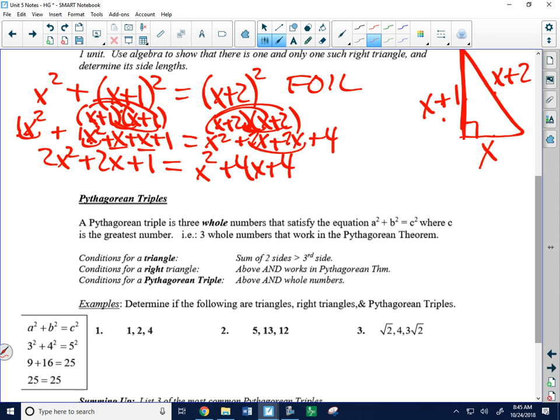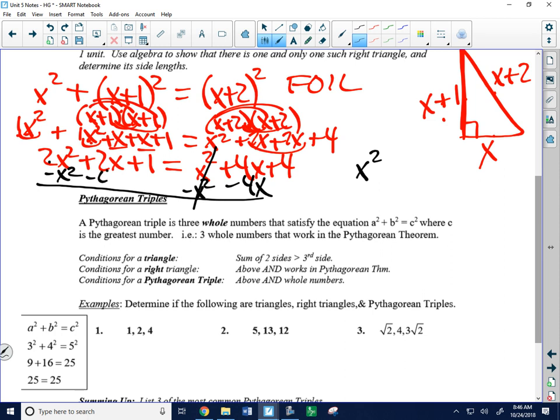So we're going to get everything on one side and factor. I'm going to subtract x squared from both sides. And so 2x squared minus 1x squared is 1x squared. By the way, I mean everything on the left, so that's a positive 1x squared. If you got everything on the right side, it would be a negative 1x squared.